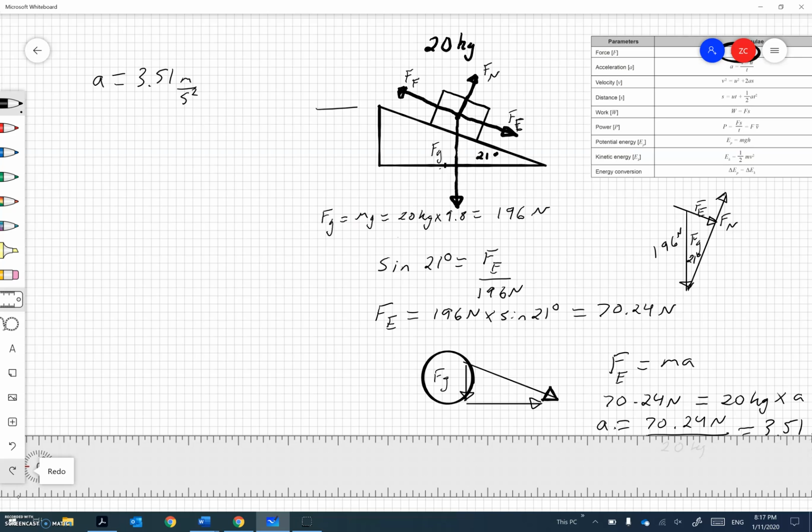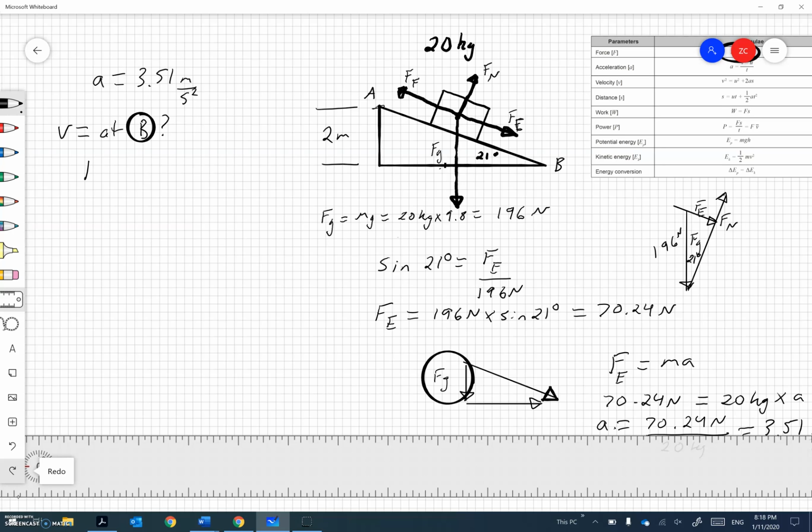And let's imagine that this box here is actually 2 meters above the ground where it starts, the starting point. So what would the velocity be at, let's call this point B and this is point A, at B? So what would it be if it reached the end of the slope? Let's have a look at that.